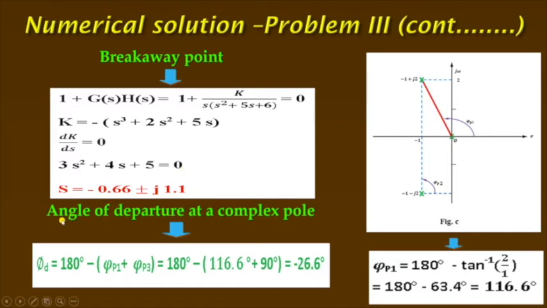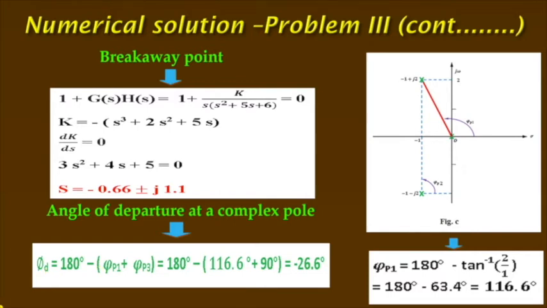Then find the angle of departure for complex pole. The angle of departure is the angle at which the locus leaves a pole in the S-plane. Then first, consider this complex pole as a test point. Then another pole and zero are connected by a straight line to this test point. Then find the phi d. Phi d is the angle of departure.